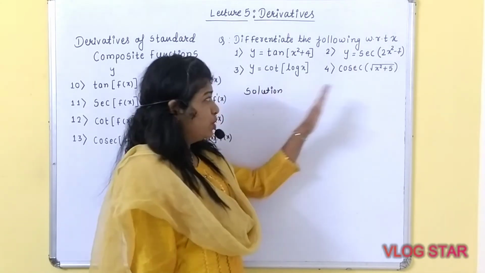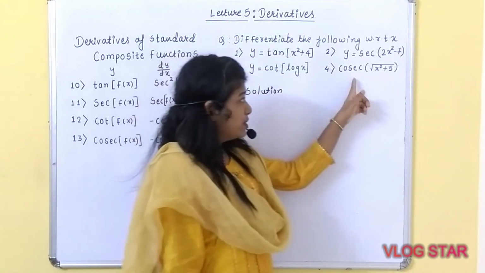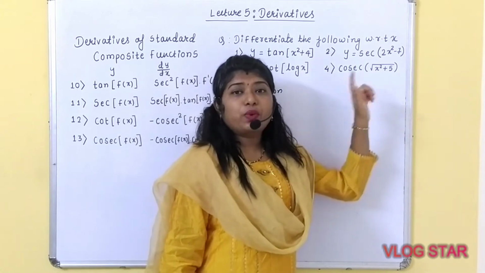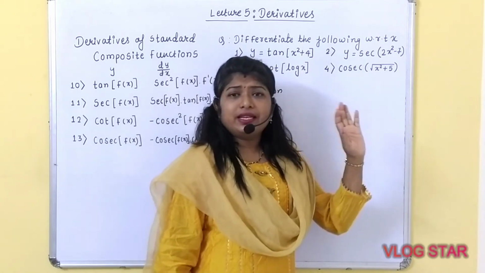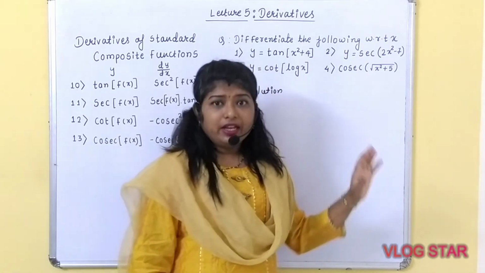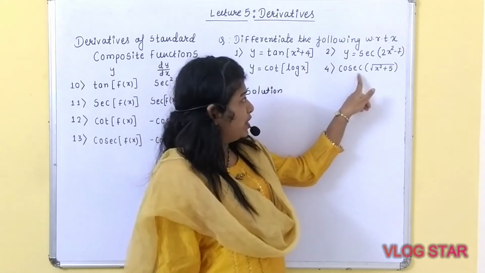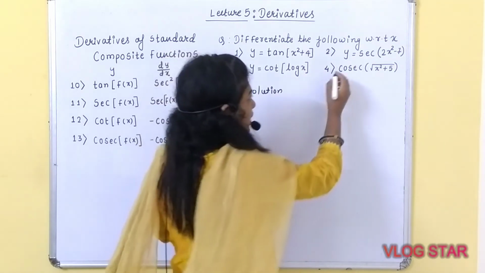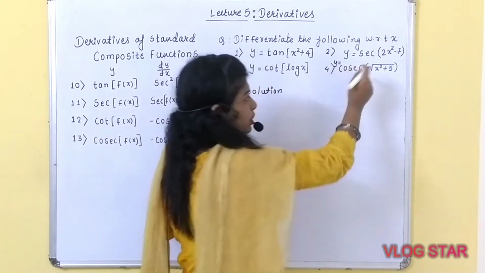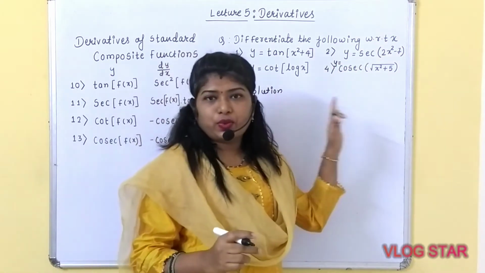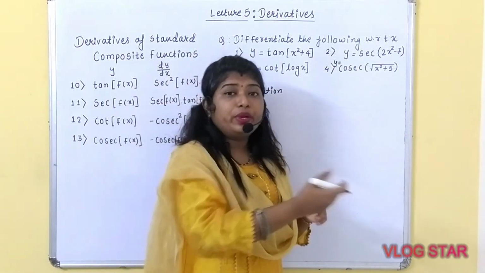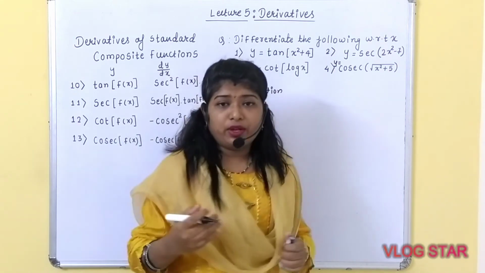Coming to the fourth question, what is given? Cosec of under root of x square plus 5. So you can easily apply the standard result. If y is equal to cosec of under root of x square plus 5, how we are going to take the derivatives of this particular function?